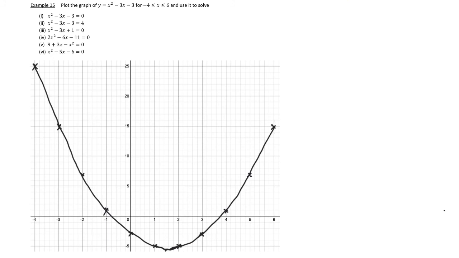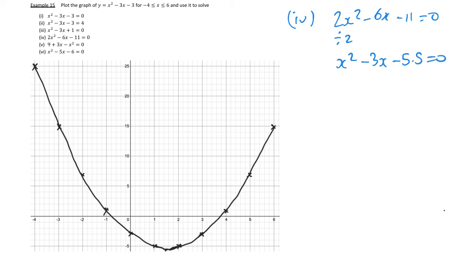Part 4, we've got 2x squared minus 6x minus 11 equals 0. Now what we need to think about is to get from the 2x squared to the x squared, we have to first of all divide by 2. And we get x squared minus 3x minus 5.5 equals 0. Then to get from the equation to the graph, which is x squared minus 3x minus 3, we need to take away 2.5, which means we need to do it on the right hand side.